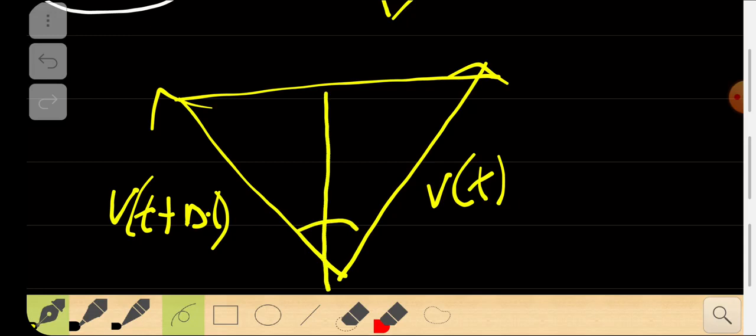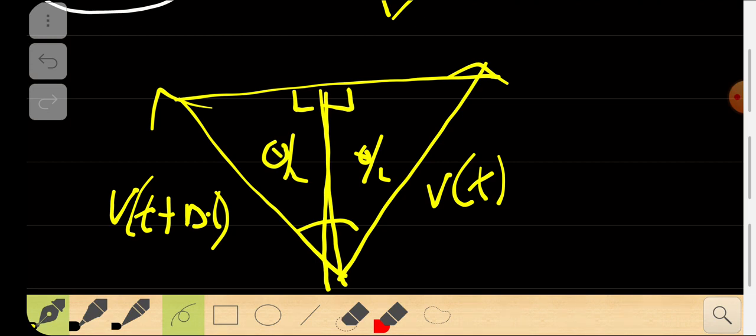This can be subdivided into two right angle triangles, each having a theta by 2 angle. What I'm intending to find out is, geometrically, what the velocity and acceleration are.